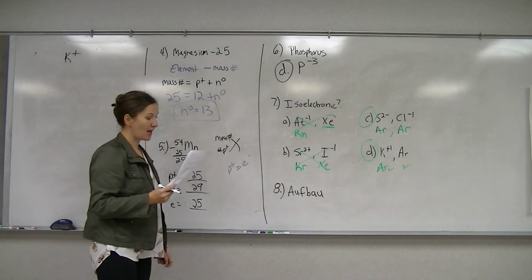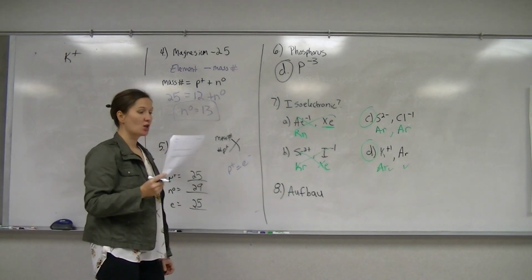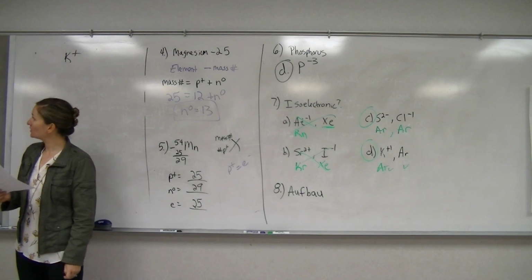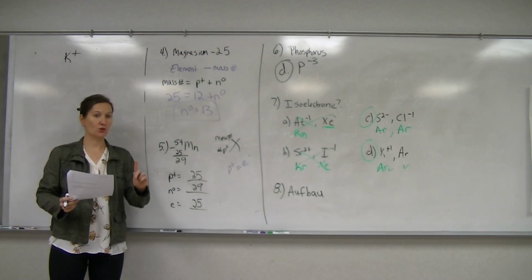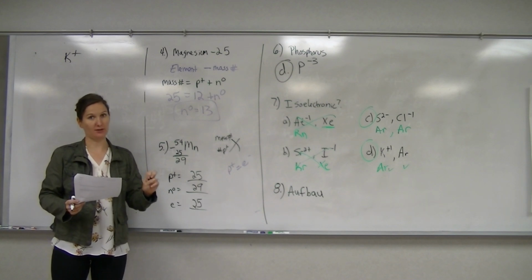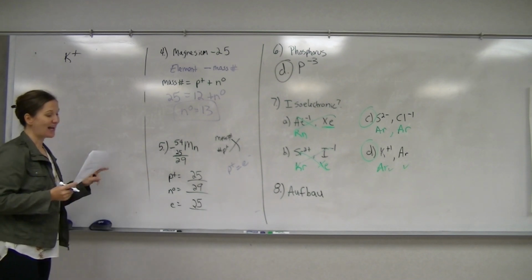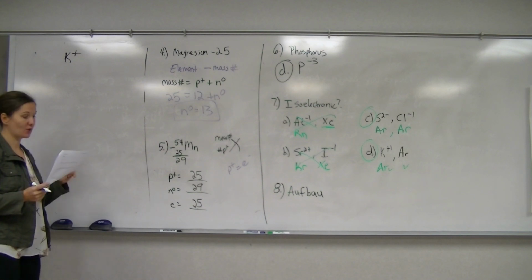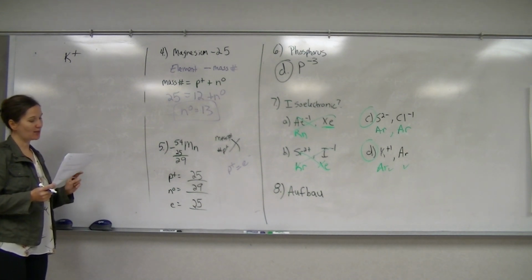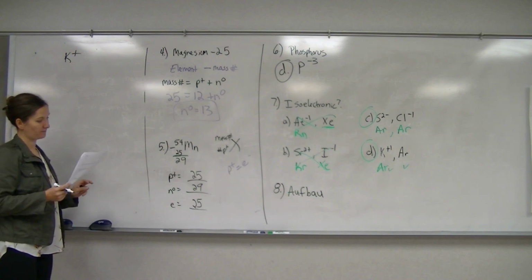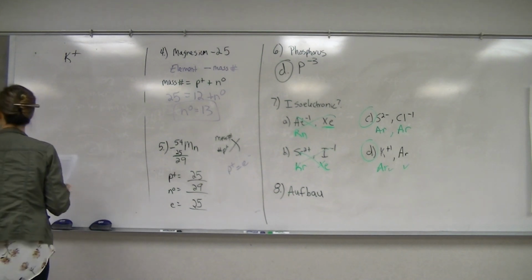So B, an alkaline earth metal. So looking at potassium with a +1 charge, it's in group 1. Group 1 is the alkali metals, group 2 is alkaline earth metals. Okay, so it is not an alkaline earth metal. So B is incorrect. Looking at C, isoelectronic with krypton. Let's see.